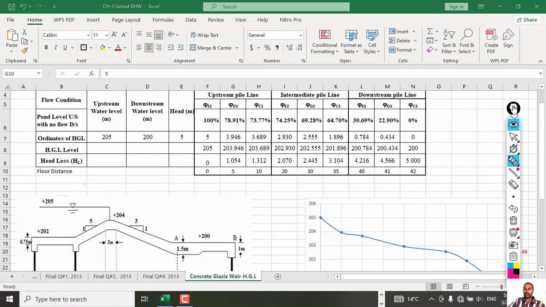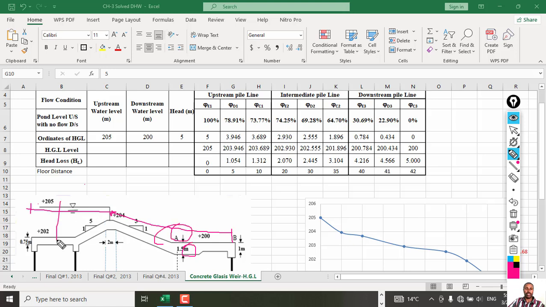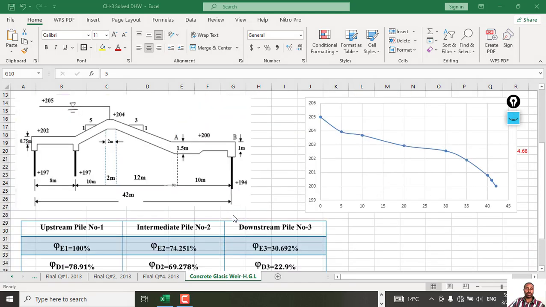Clear? So the hydraulic grade line will start from the upstream sheet pile like this, then go like this up to this level. So the thickness is designed based on this hydraulic head. At every point you can calculate the thickness of the floor.